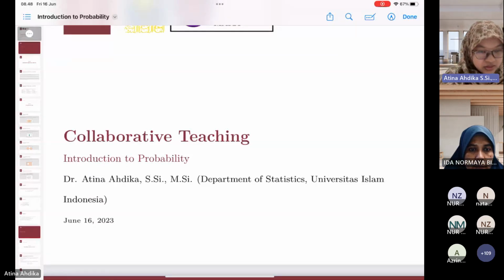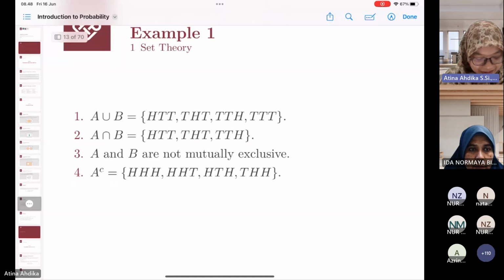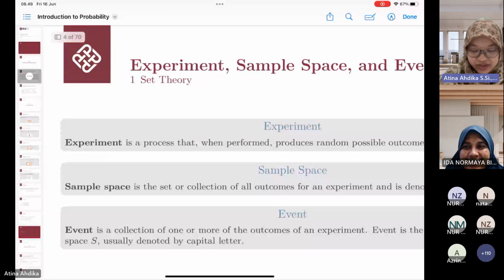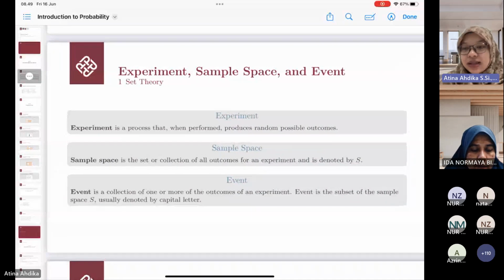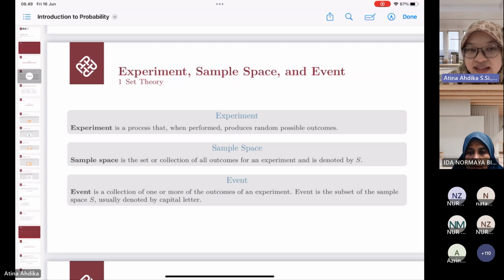Okay, so I will continue my explanation about the sample space. Back to the definition of the experiment, we will use the simplest example. Imagine that we toss a coin. This is the process of tossing a coin, this is the experiment.